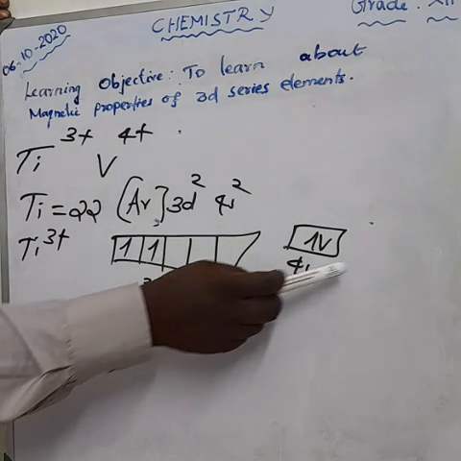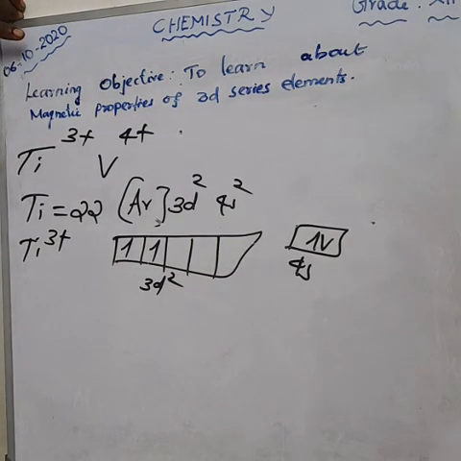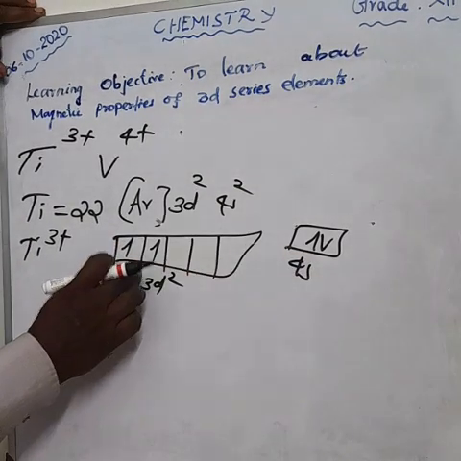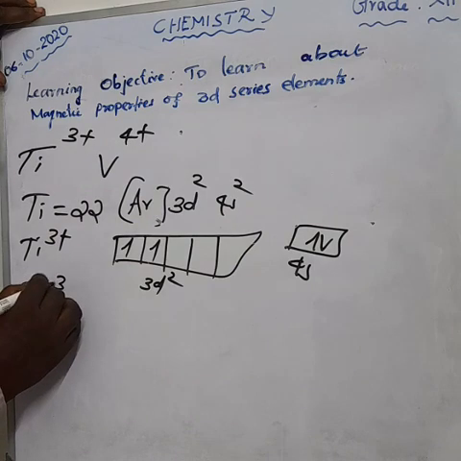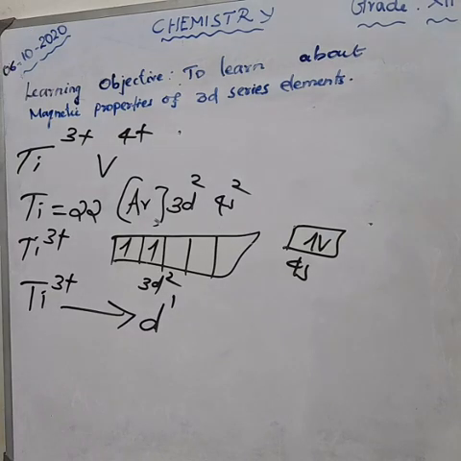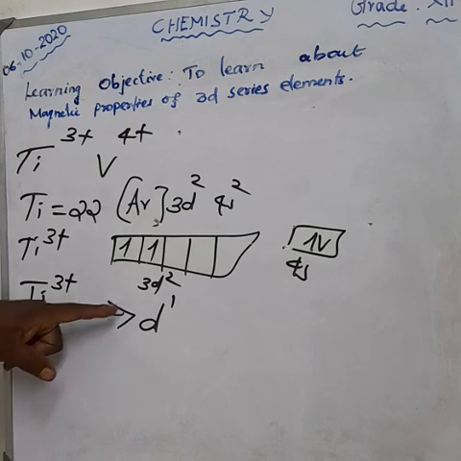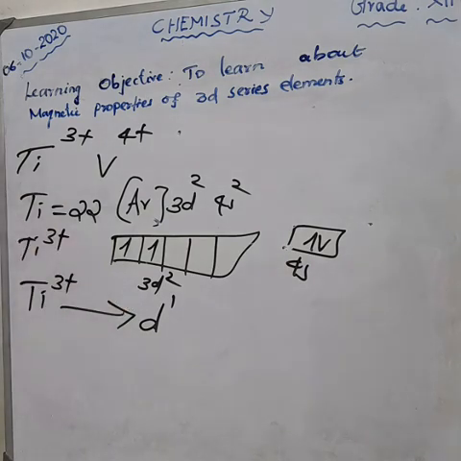Am I right? So 2 plus 1, 3 electrons lost. So titanium 3 plus is a d1 configuration. Out of 4 electrons, 3 electrons are lost. So we get d1 configuration. Here, how can you calculate the number of unpaired electrons? Here, the number of unpaired electrons is 1. Am I right?